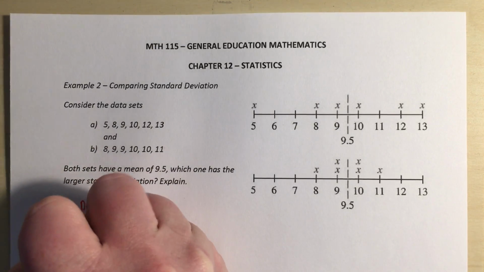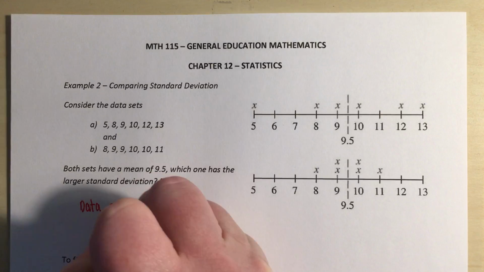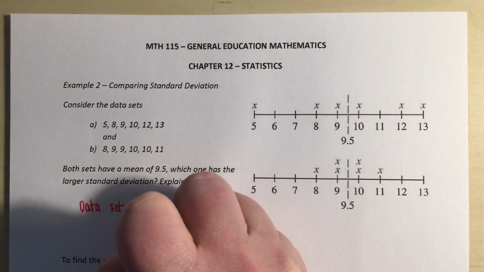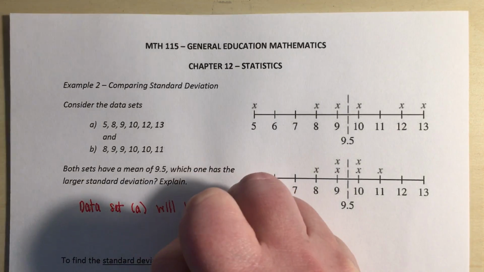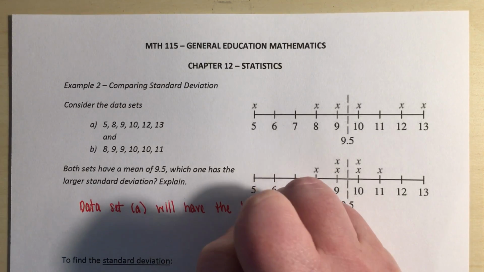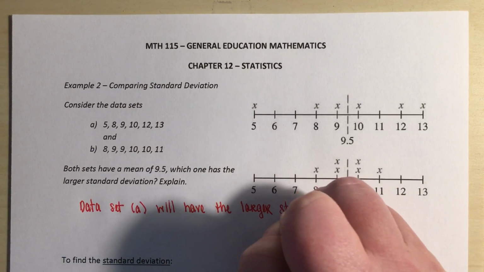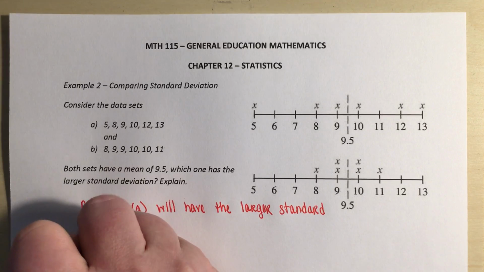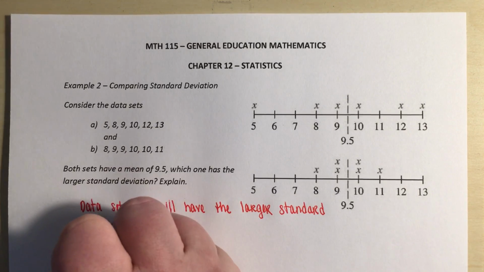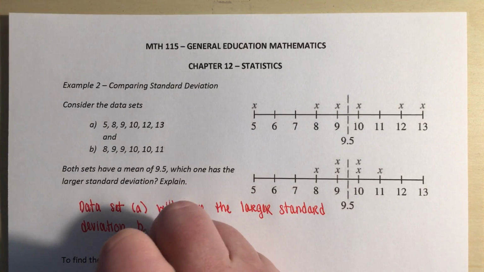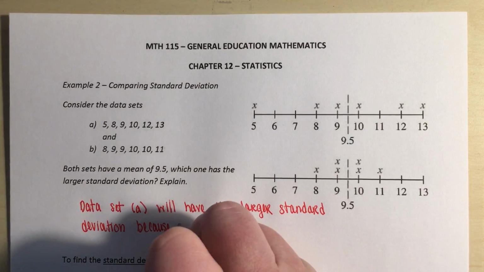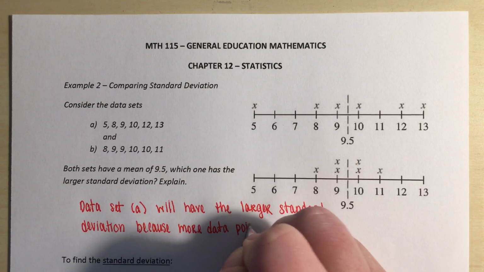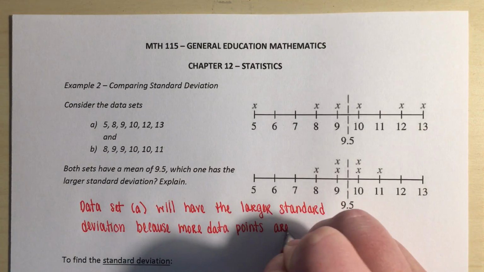So we're going to say data set A will have the larger standard deviation. Because more data points are further from the mean.